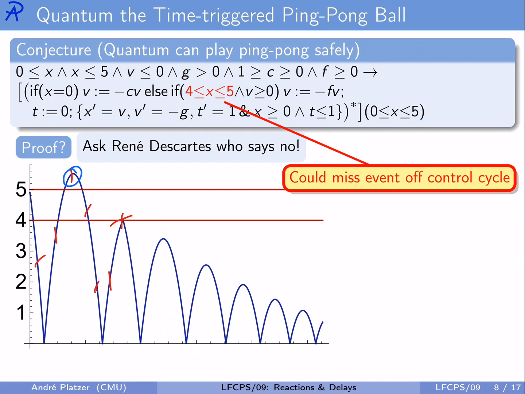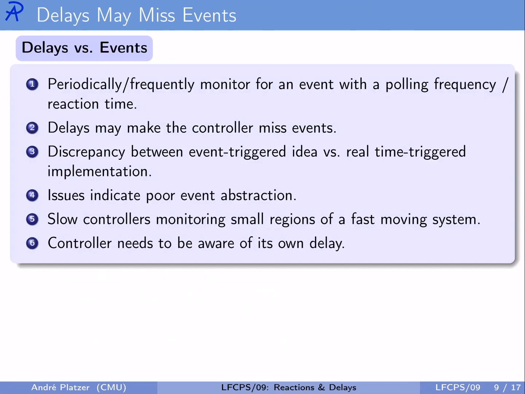So if we're excited to control our system for certain events, we have to take the time delay into account. There's a big difference between delays versus events. Periodically, even if frequently, monitoring for an event with a certain polling frequency or reaction time may still mean that we're missing the exciting events.